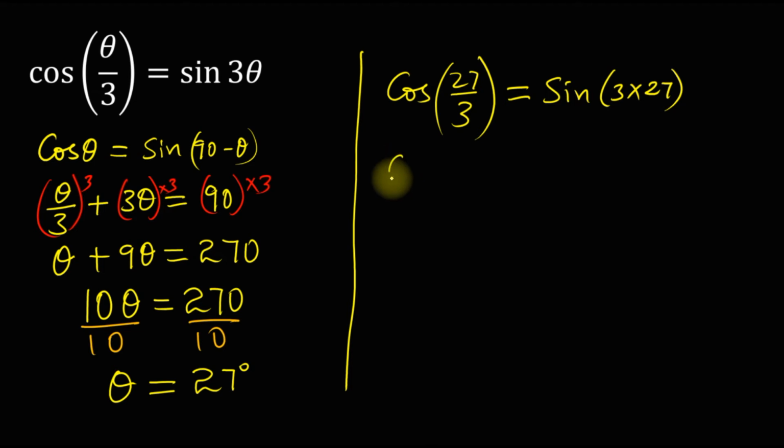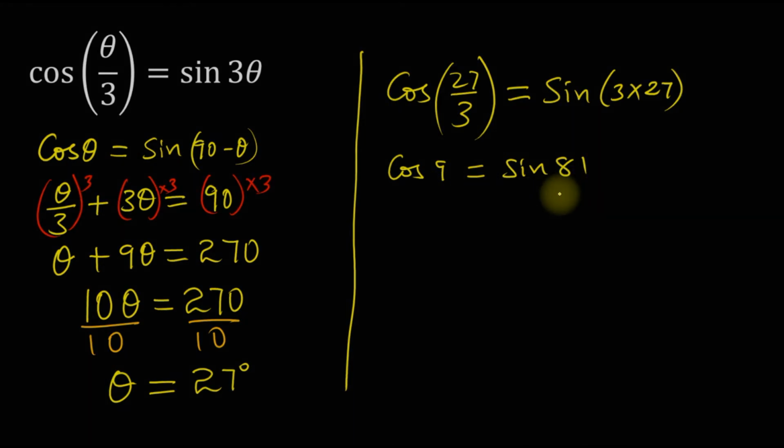In our case here we shall have cosine of 27 divided by 3, that is 9, will be equal to, now 3 times 27, that will be 81, sine 81. Therefore you can see 9 and 81 are actually complementary. If you add them you get 90.